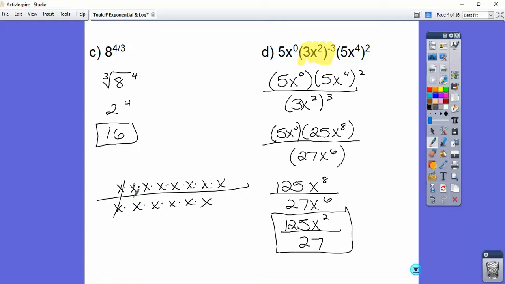So if we do that, we can cancel out 6 of them and you're only left with 2 on top. So when they're dividing, you subtract the exponents and you'll only have it on either the top or the bottom, wherever there were more to begin with. Other questions?